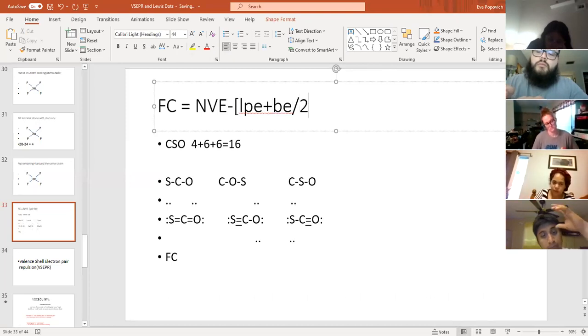And BE stands for the bonding electrons. So you're going to look at the periodic table and determine the normal valence electrons. And you're going to subtract from that the lone pairs around that particular substance, and the bonding electrons divided by 2 added.